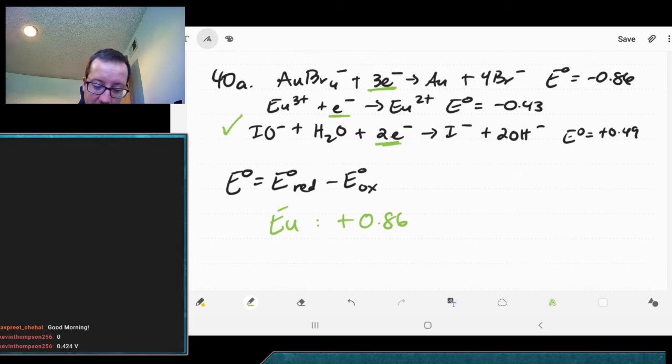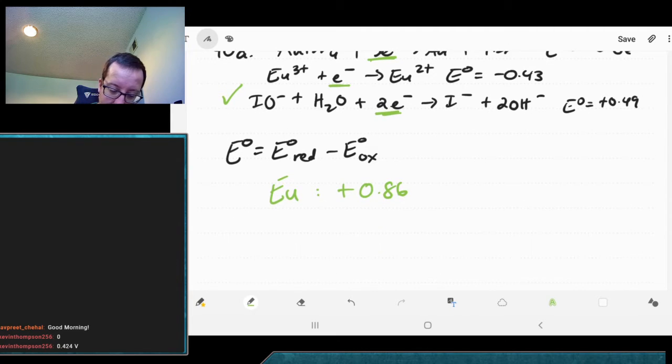However, if we use the gold reaction, remember that we're going to want to make them have the same number of electrons, so we're going to need to double the gold one while also tripling the hypoiodite one. So sorry, let me back up a little bit here.